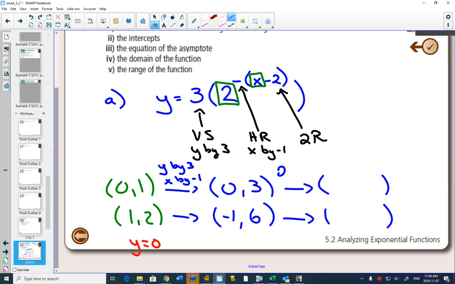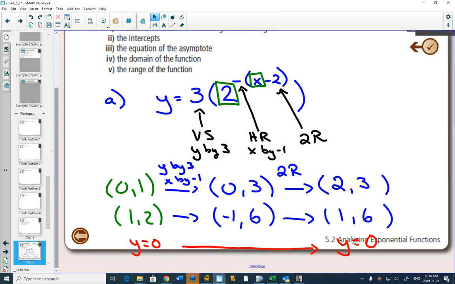Then our only translation is 2 to the right. So we get (2, 3) and (1, 6). The only thing that's going to affect your horizontal asymptote is if you had a translation up or down. We moved it to left and right, but we didn't move it up and down. So this asymptote stays at y equals 0.